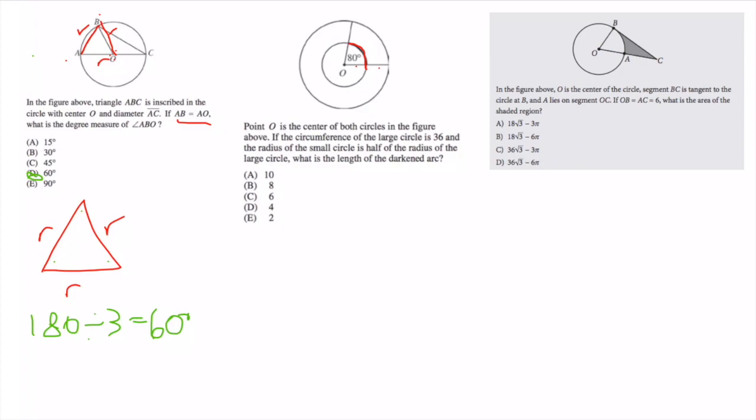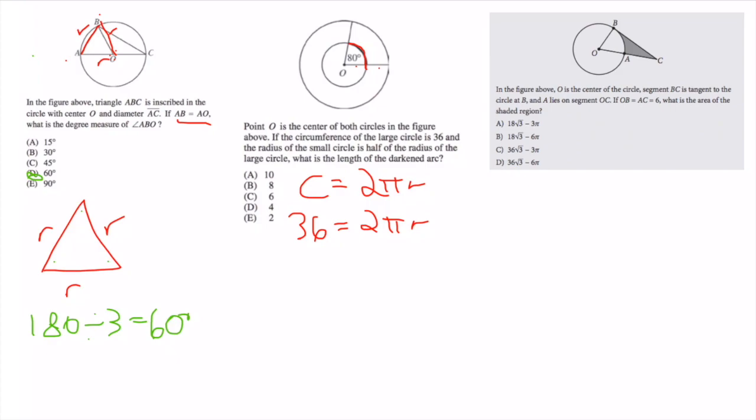In the first case, I know that circumference equals 2 pi r. So for my big circle, I have 2 pi r. Now I can either divide by 2 pi, or I just divide by 2.